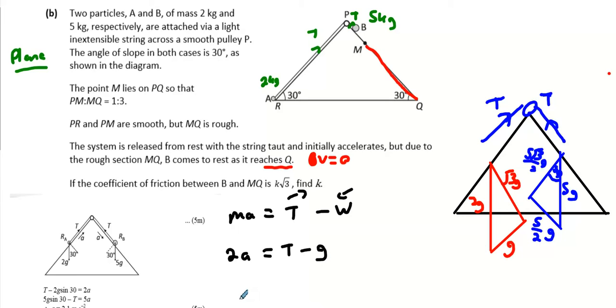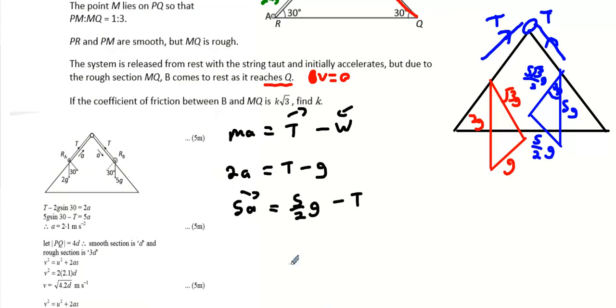The next one's going to be 5A, which is going diagonally right down, and it's going to be 5 over 2 G, take away the T. Okay, now we can find out the common acceleration here.